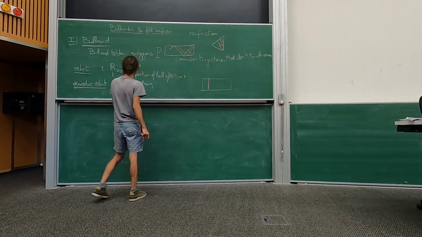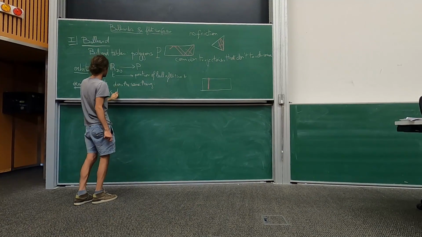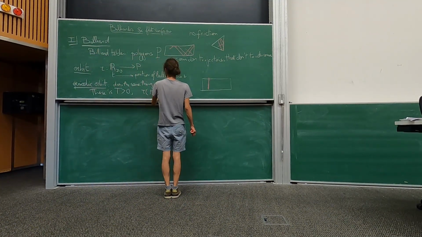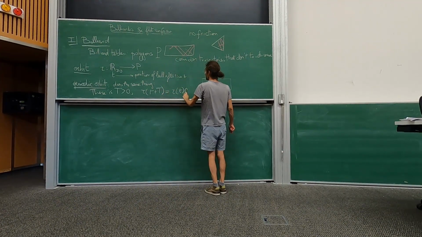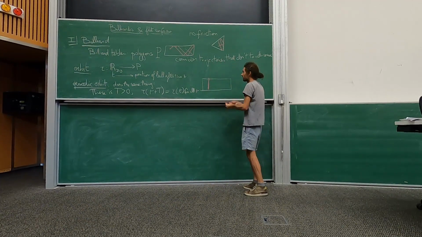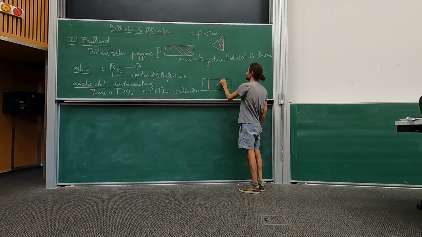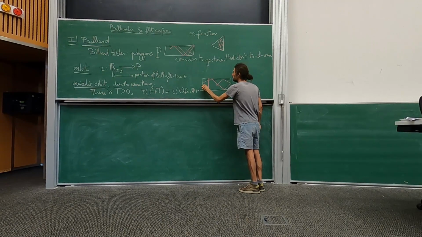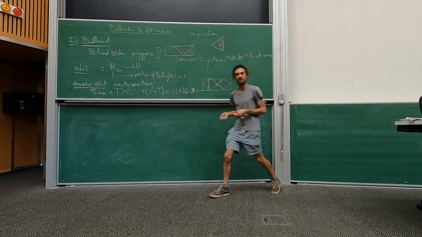Or more formally, there is a time, big T, such that tau of t plus T is equal to tau of t for all t. It should really just mean that. Or another example is, I go this way, boom, boom, boom, boom. This kind of butterfly will be another periodic orbit.